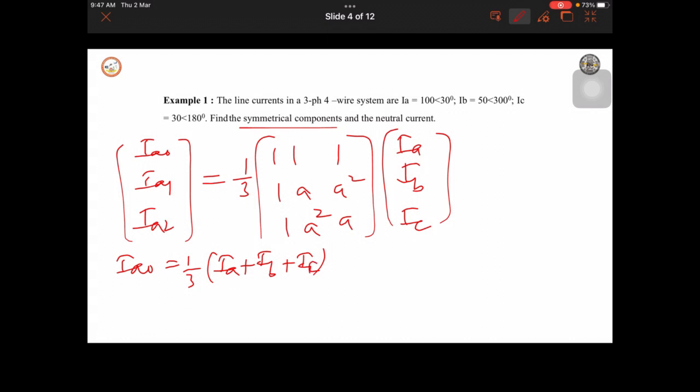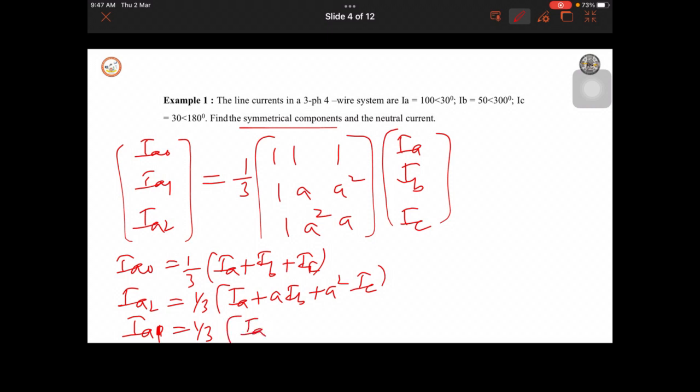Similarly you can write IA2 is 1/3 of IA plus A times IB plus A square times IC, and IA1 is given by 1/3 of IA plus A square IB plus A times IC.